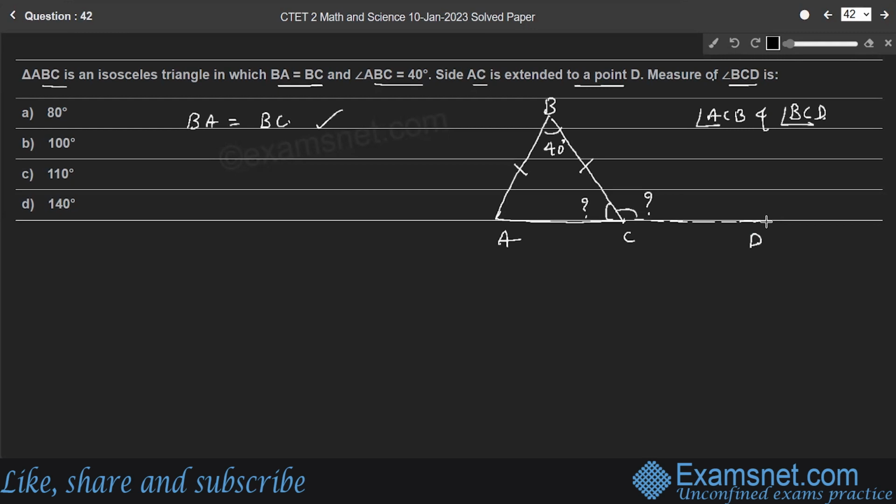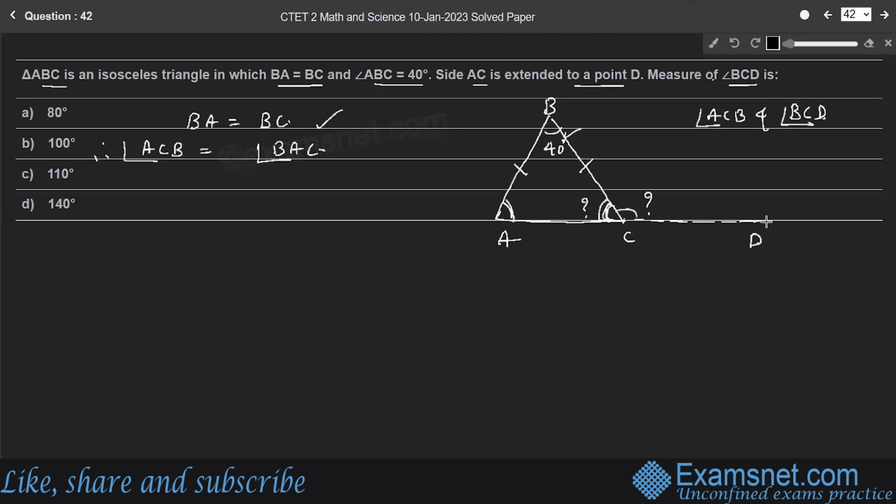When two sides are equal, their opposite angles are equal, right? Therefore, angle ACB is equal to angle BAC. BA is equal to BC. Therefore, their opposite angles are equal: opposite angle to BA is ACB, opposite angle to BC is CAB or BAC, right? So these two angles are equal.